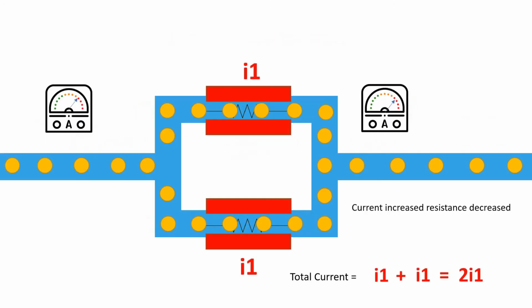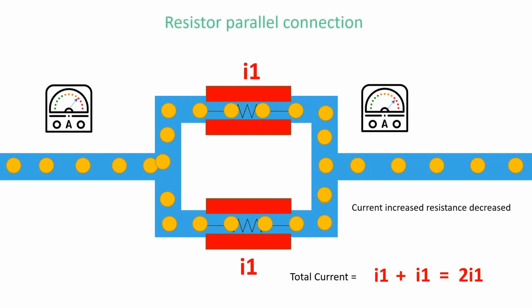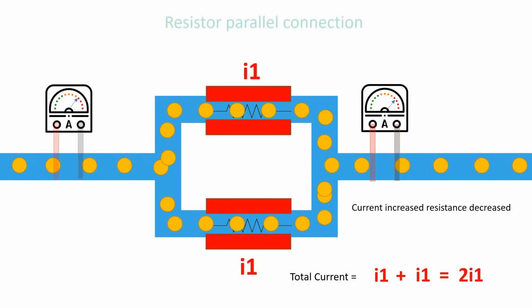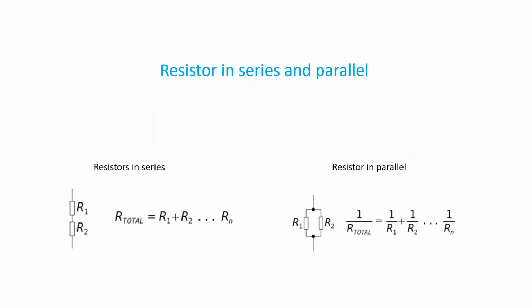Likewise, if we connect two resistors in parallel like this and apply the same voltage across both, each resistor allows I1 current to go through it. Now the ammeter reading is I1 plus I2, which is equal to 2I1. Here the voltage is still the same and the resistance decreased.